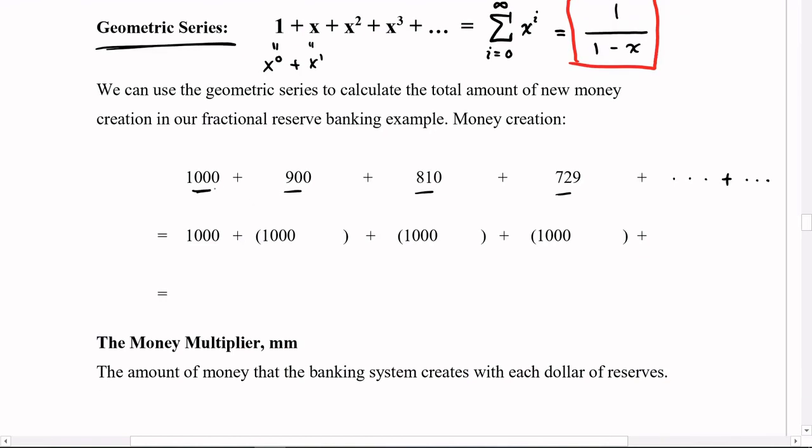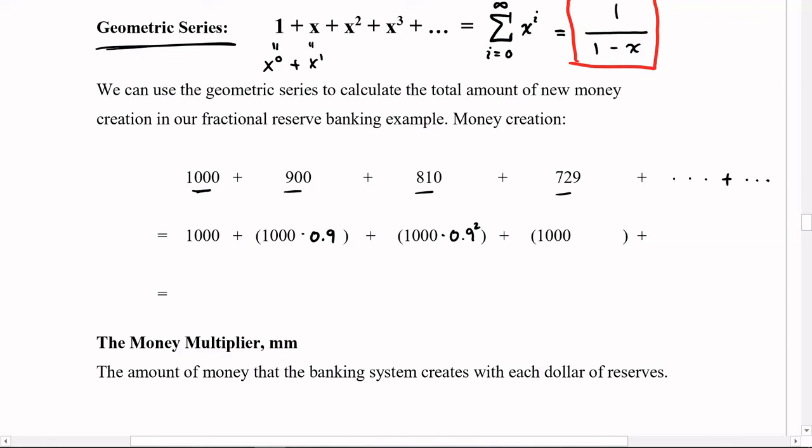Ultimately, what we can write this as is 1,000 times 1. Here, we have 1,000 times 0.9. If you do that, that comes out to 900. Here, we have 1,000 times 0.9 squared.